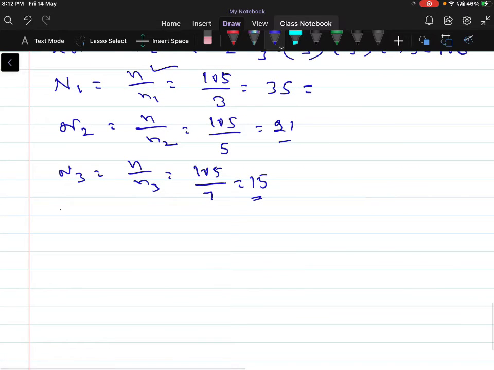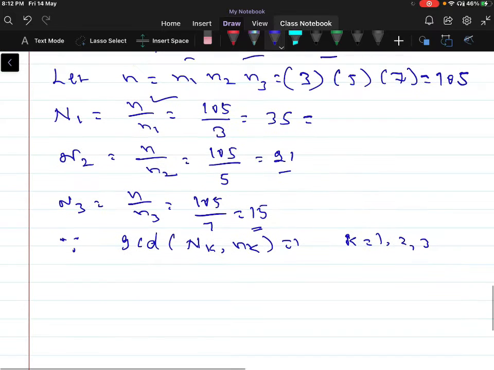Since GCD of Nk comma small nk is equal to 1 for k is equal to 1, 2 and 3. You can observe that for k is equal to 1, GCD of N1 comma small n1, that is 35 comma 3, is equal to 1.